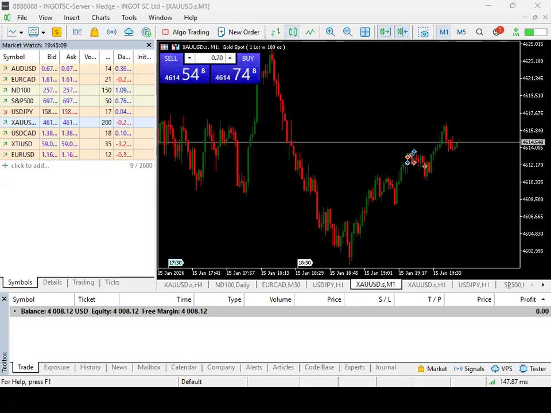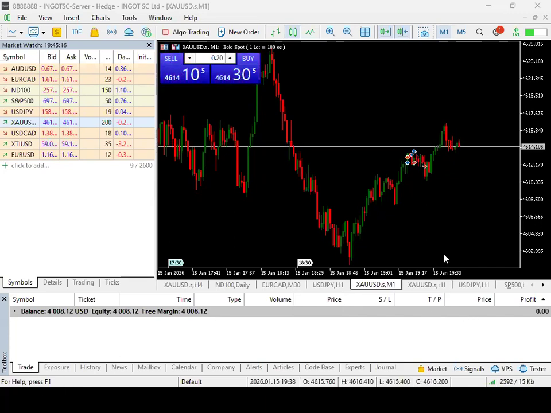Well, what exactly do you look for? That's a nice question. Ask me that question when we are doing analysis. If I'm to show you what I look for when I'm doing analysis, first of all it depends on the strategy that I use. Everybody has their own strategy. I use price action.